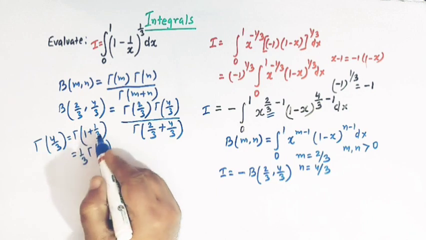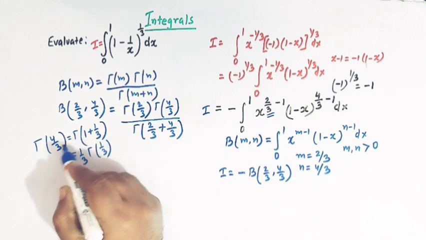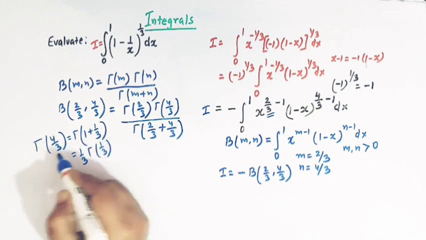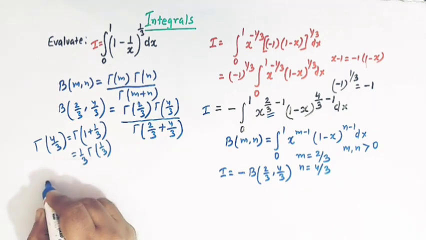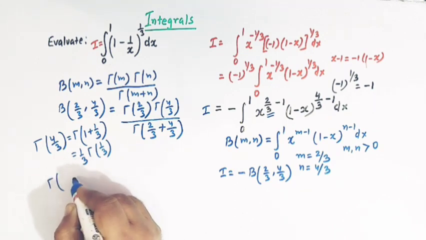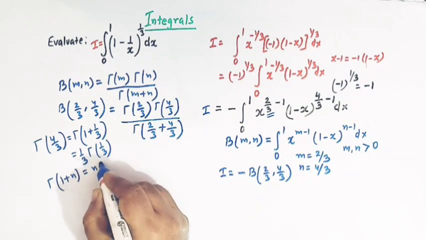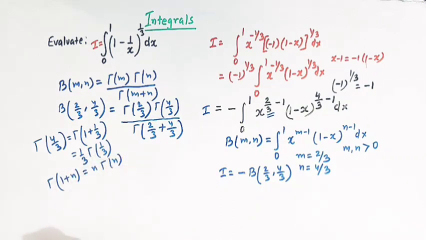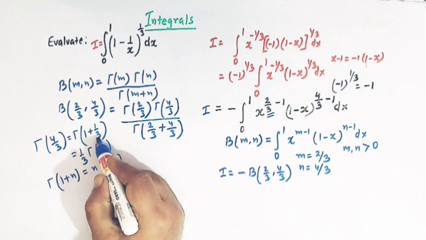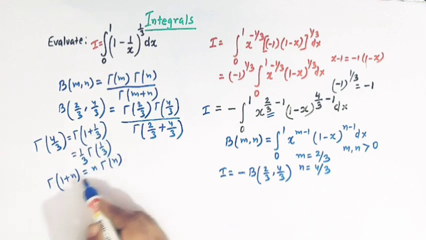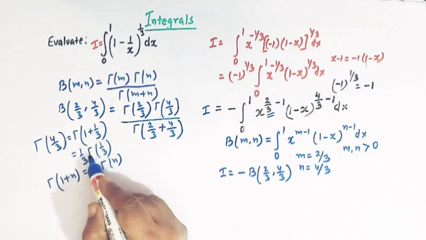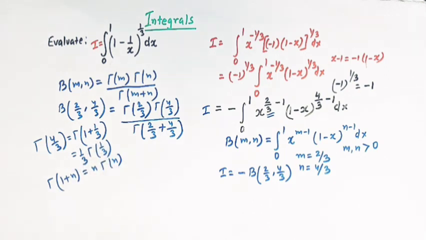We have written this value of gamma of 4 by 3 like this by using the relation gamma of 1 plus n is equal to n times gamma of n. So n is 1 over 3, and gamma of 1 plus 1 over 3 is 1 over 3 gamma of 1 over 3.